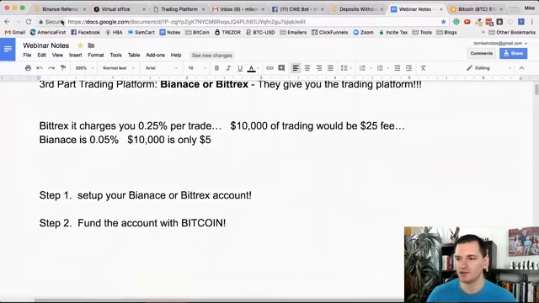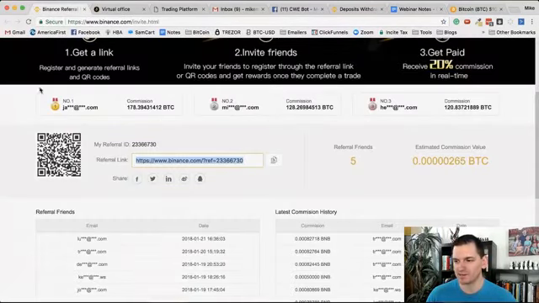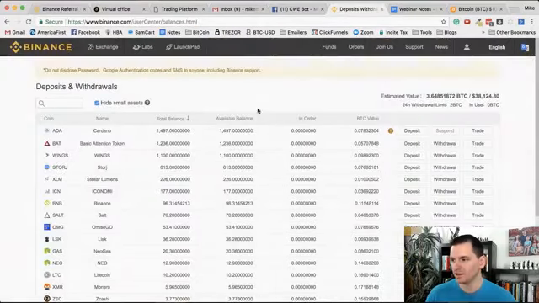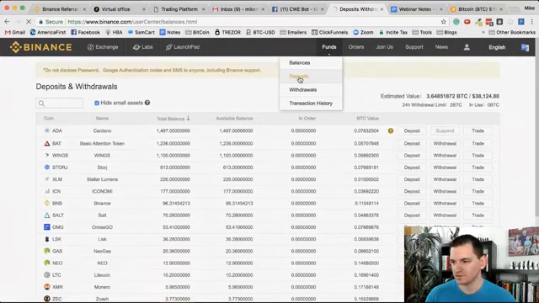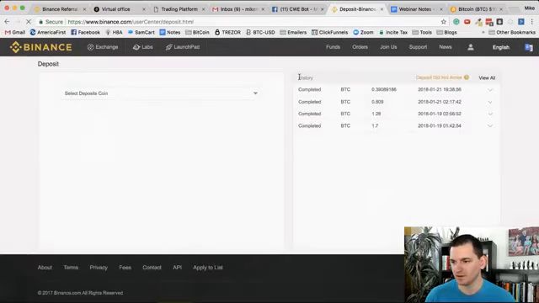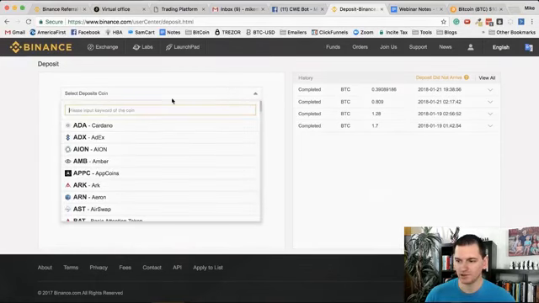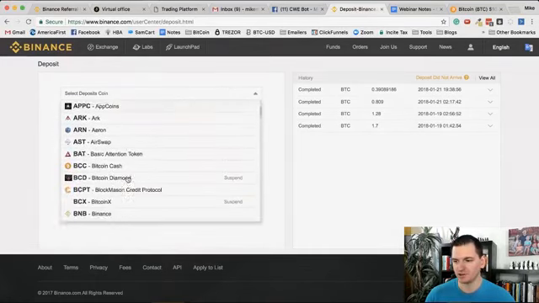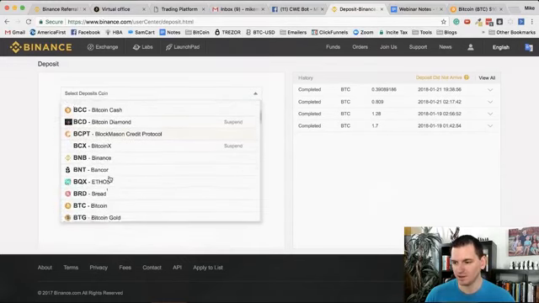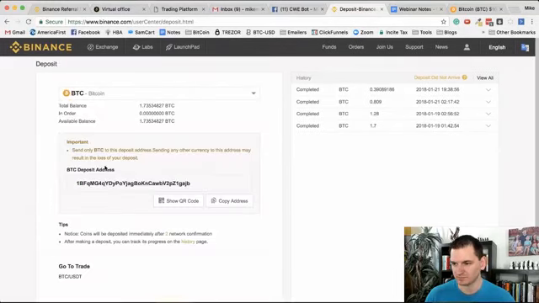So what you do is you go over to your Binance account. You click on funds, and then you click on deposits. Then you choose Bitcoin. So you choose your coin and you go down to Bitcoin right here, BTC.